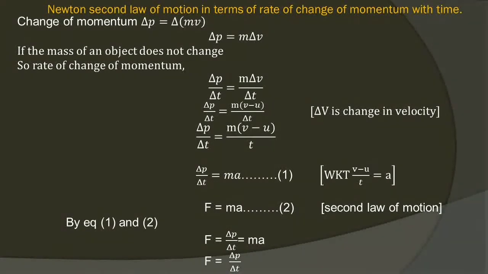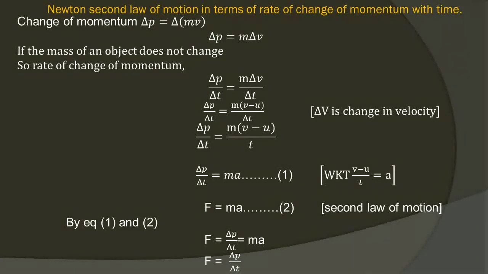We can write del v as the change in velocity, and the change in velocity is v minus u, that means the final velocity minus initial velocity, and del t will be the same.